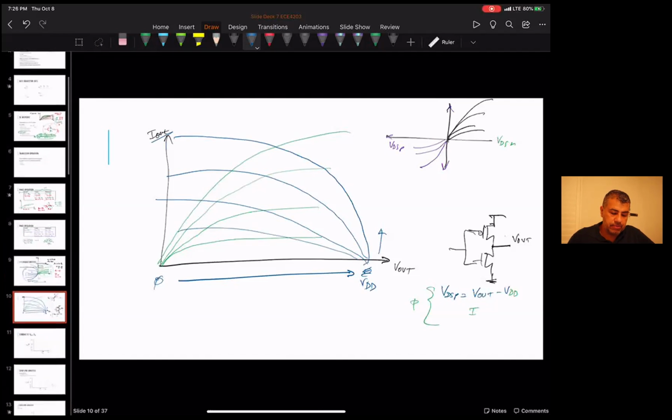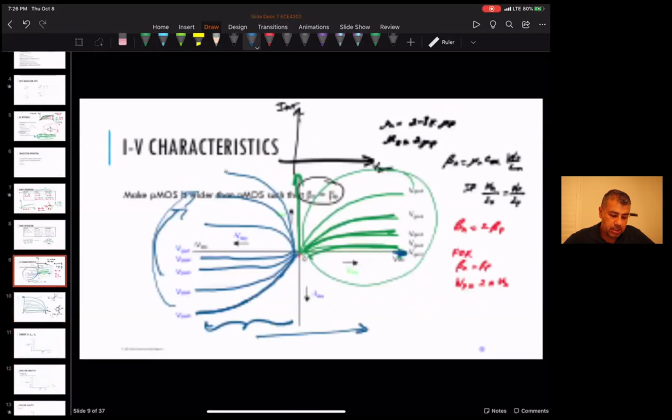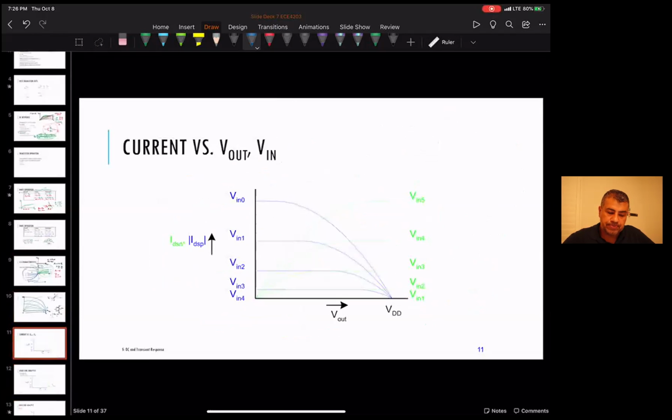Okay. You guys good with that? Everybody kind of understood that? It's always hard to draw the load line, but basically you end up with these curves. The way I look at it, this is I out, so IDSN, an absolute value of IDSP, and this is V out.